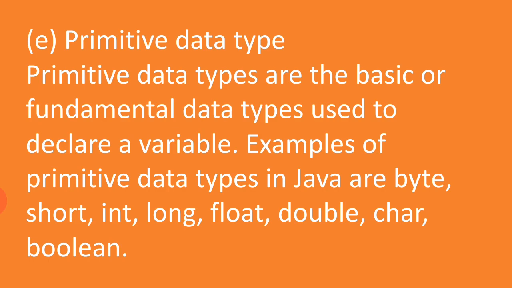One more thing I want to specify here: it is written that they are fundamental data types used to declare a variable, but these primitive data types can be used to declare a constant as well. So you can write variable or constant. So the answer will be: primitive data types are the basic or fundamental data types used to declare a variable or a constant. Alright, and this is the list of the data types which is given here.